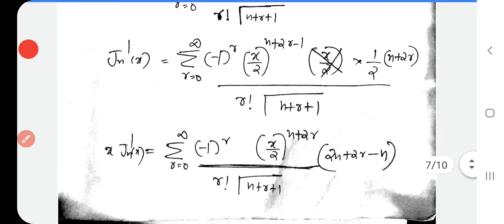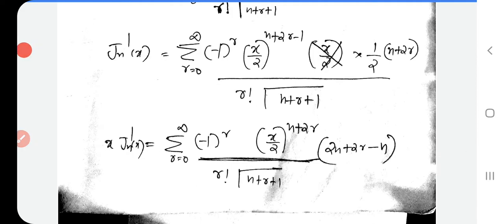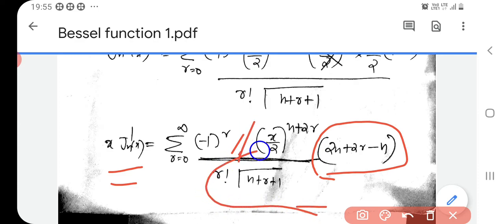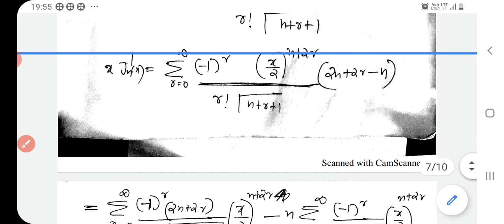Then we write this n plus 2r as 2n plus 2r minus n, that is, 2n plus 2r minus 1 minus n. So we have x j n prime of x equal to the sum over r equal to 0 to infinity of minus 1 to the power r, x by 2 to the power n plus 2r, over r factorial gamma n plus r plus 1.